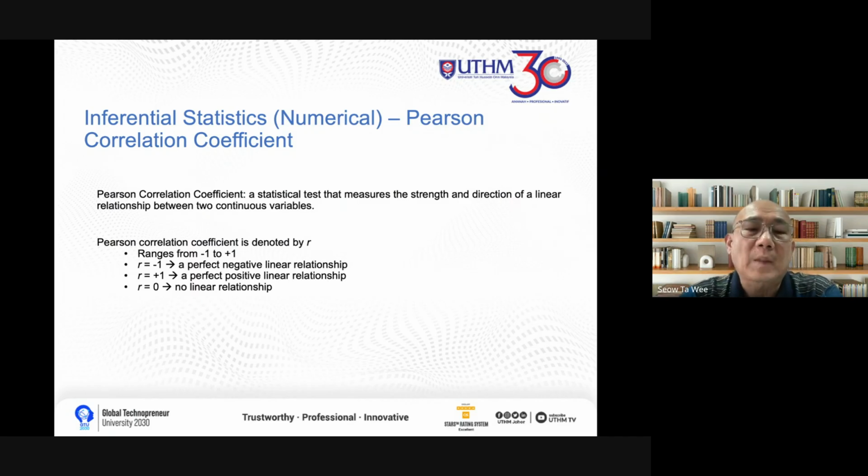So the range from -1 to +1 is R. R is a relationship. R equal to -1 is a perfect negative linear relationship. If R equal to +1, it is a perfect positive linear relationship.